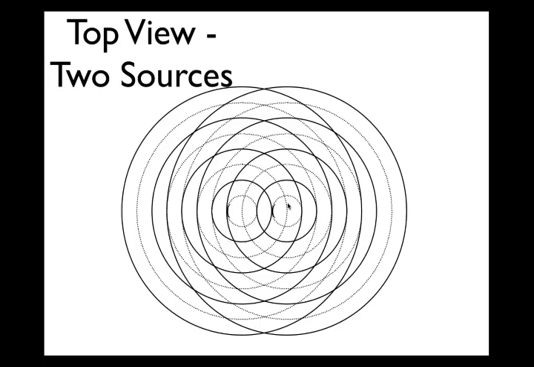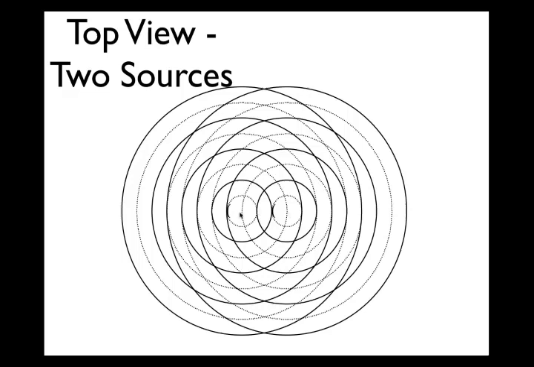Here's one source in the center, moving radially outward in all directions. The dashed lines can be thought of as troughs, and the bold lines as peaks, then the next trough, the next peak, etc. The second source is a short distance away, and it's doing the same thing.